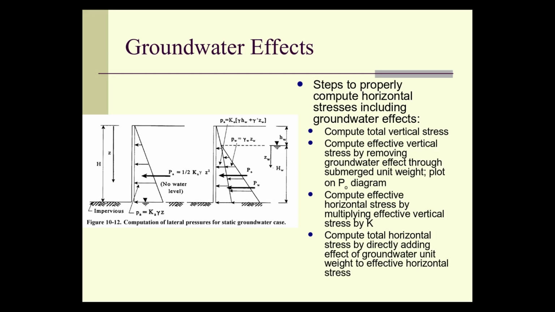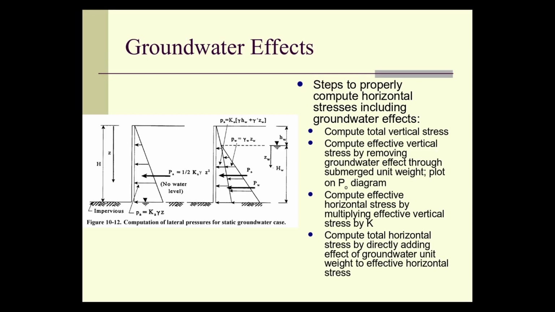I said that you compute the pressure along the side of a retaining wall by multiplying the effective stress of the soil at the point below the surface times the active or passive earth pressure coefficient, depending on whether you have active or passive earth pressure conditions involved. And that is true, except now in the presence of water.